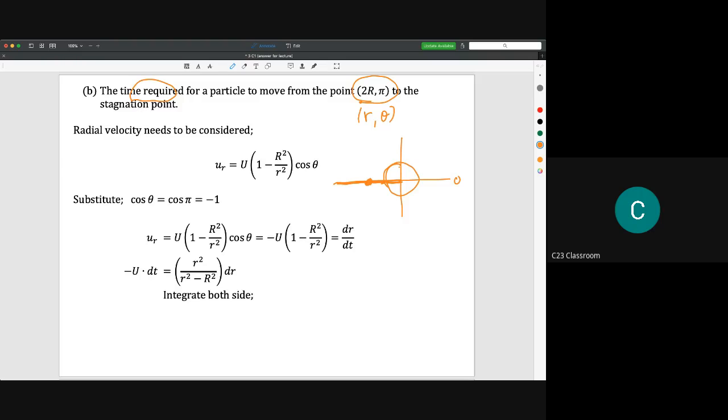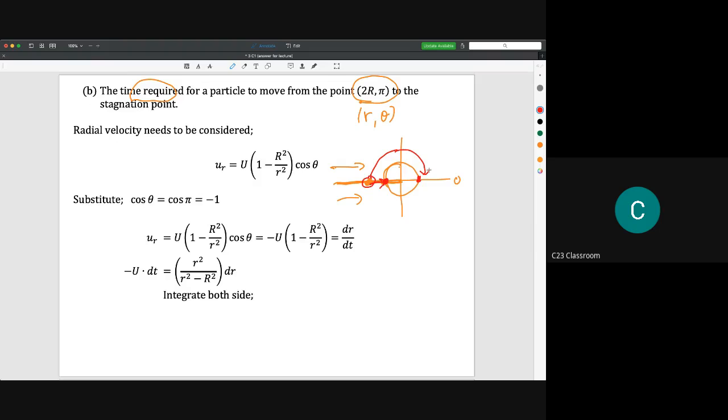Let's say the flow is from left to right, so we know that the stagnation points are here and here. So what is the time for this particle to move until it reaches the stagnation point here or here? We calculate this one.